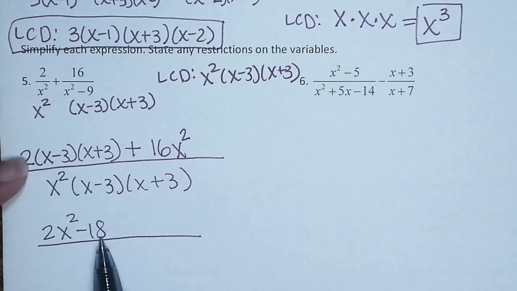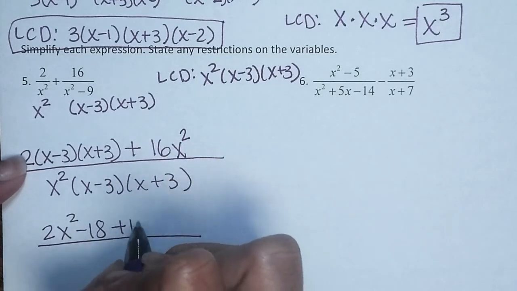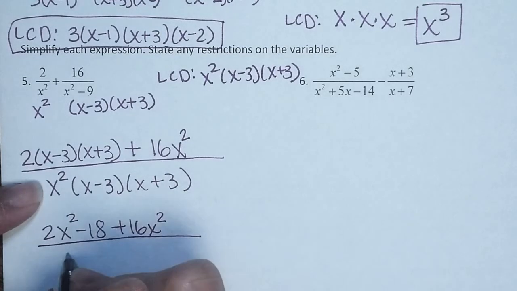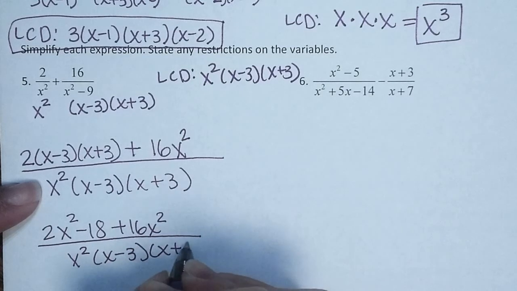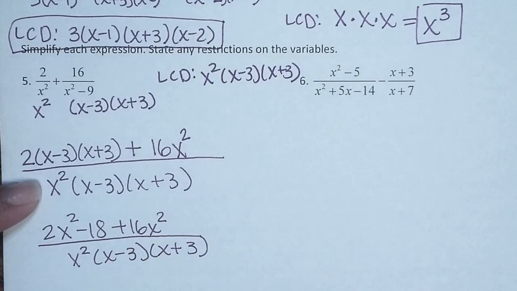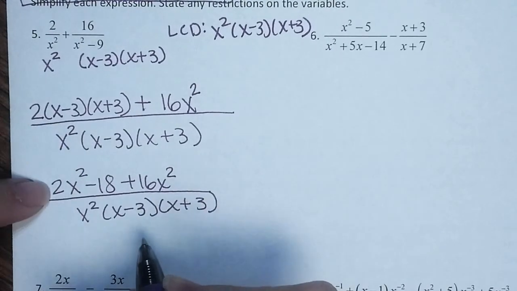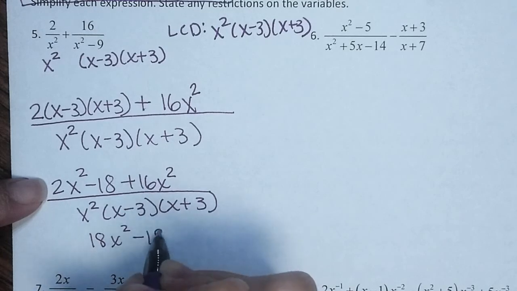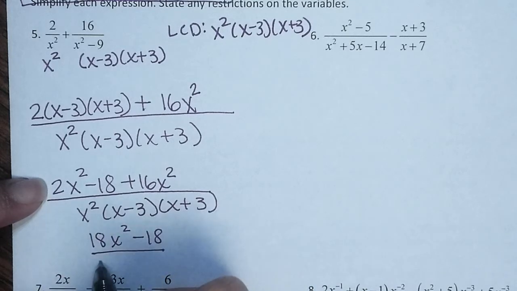So when you multiply by 2 it is 2x squared minus 18, plus 16x squared, all divided by the LCD. Now you just keep simplifying your numerator. So my numerator will become 18x squared minus 18 over the LCD.